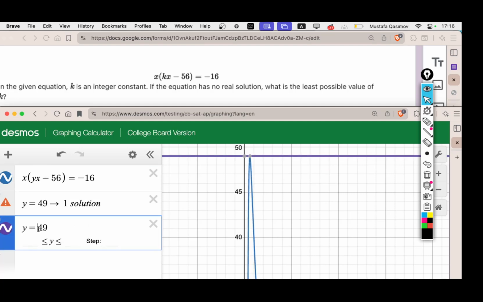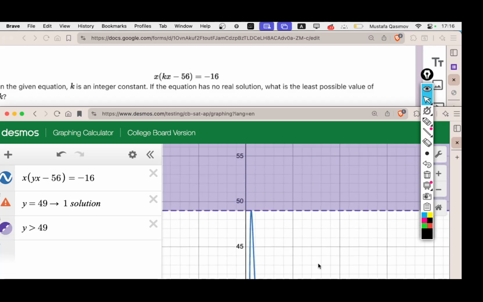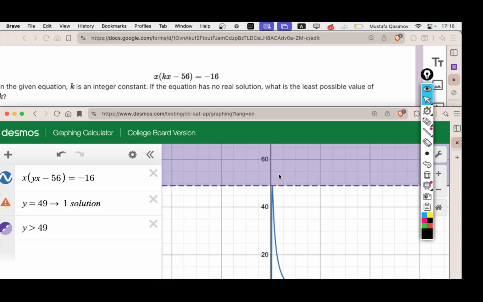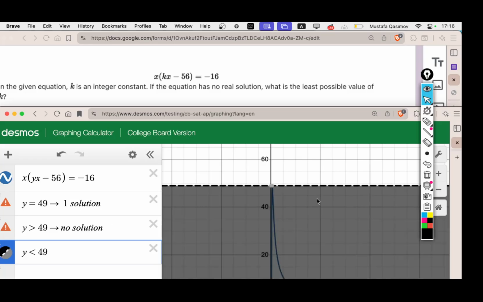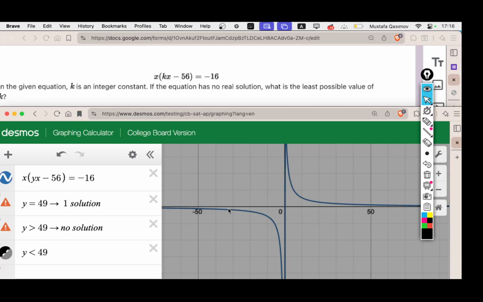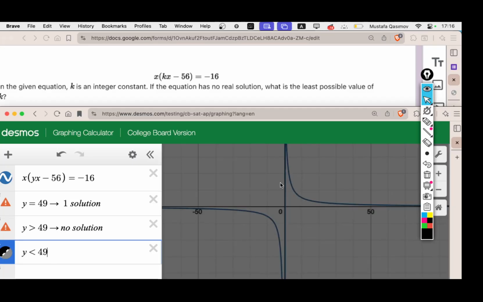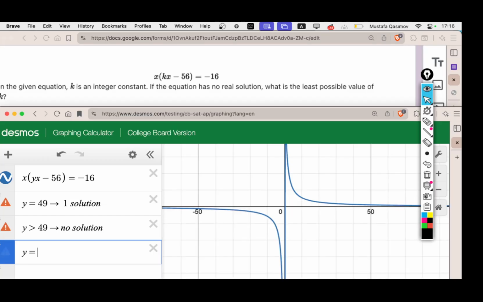When y is greater than 49, you can see that we don't have any graph here, right? Is it correct? So it means that there is no solution. When y is less than 49, you can see that we have two solutions here. For example, if y is equal to 10, you can see that we have two intersection points.